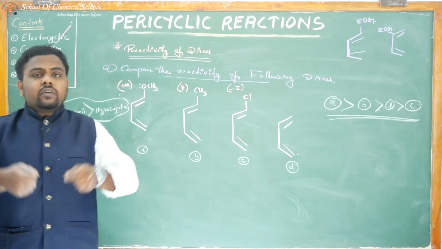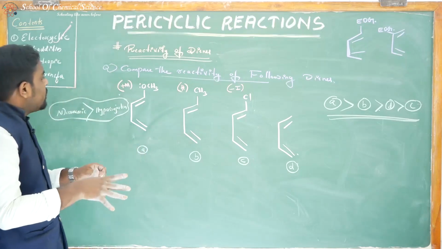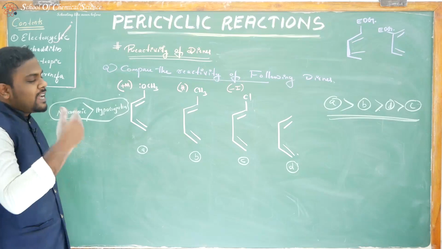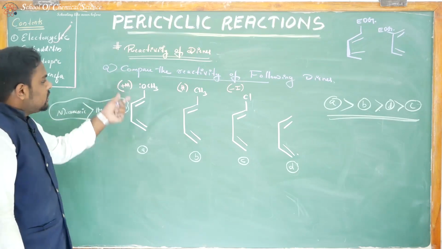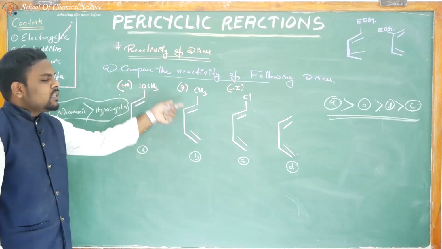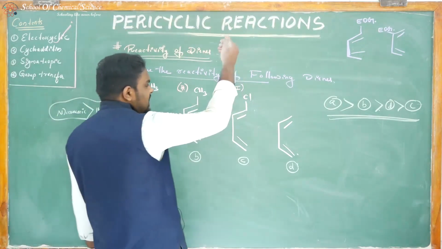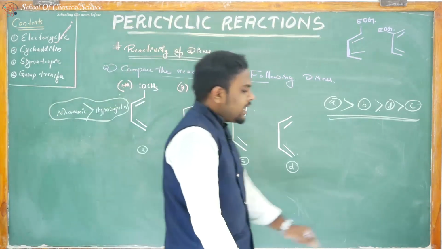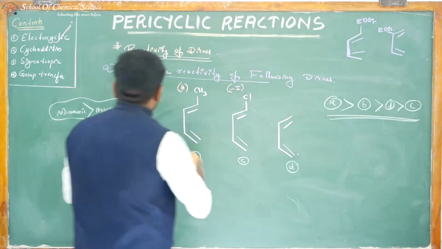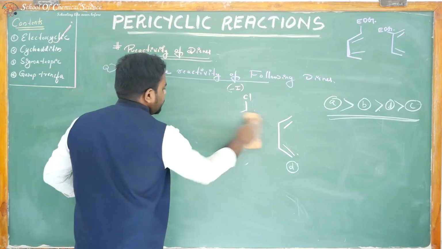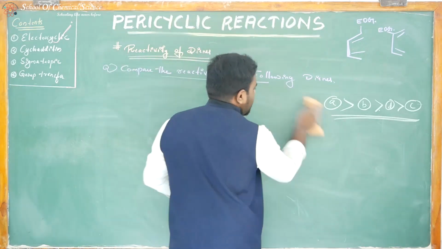Whenever an electron donating group is present, the reactivity of the diene increases. This is also electron donating, this is also electron donating. Here mesomeric effect, here hyperconjugation, but this is withdrawing. Okay. Next one. Next example 2.